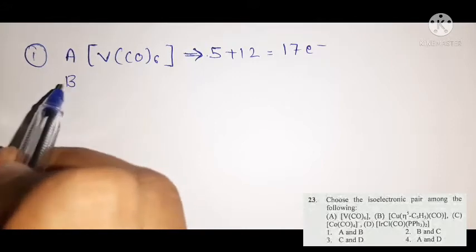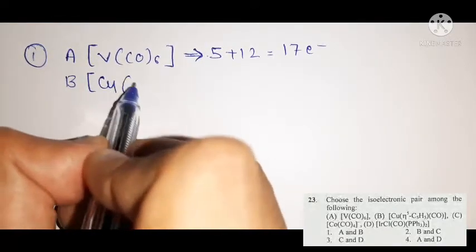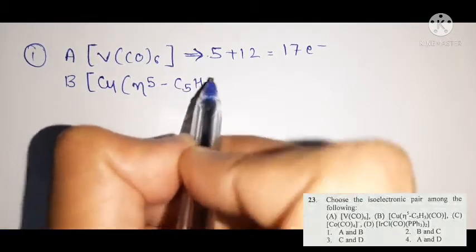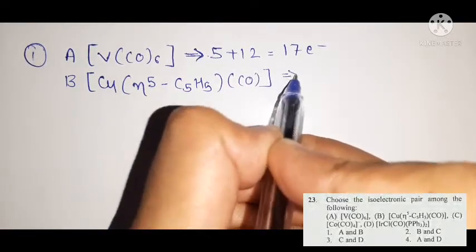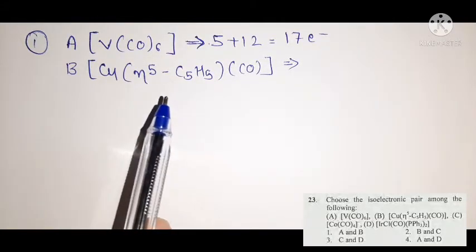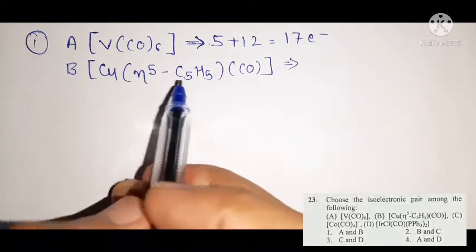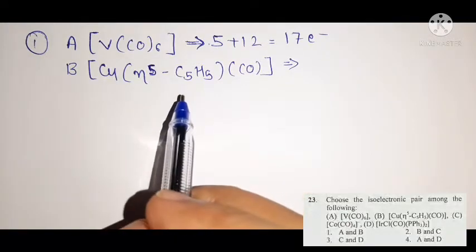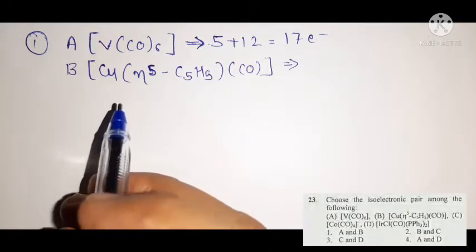Now in complex B, the complex of copper, copper is bound with one cyclopentadienyl ligand and one CO ligand. Here its coordination state is η5. That means this cyclopentadienyl binds with 5 sites to copper.